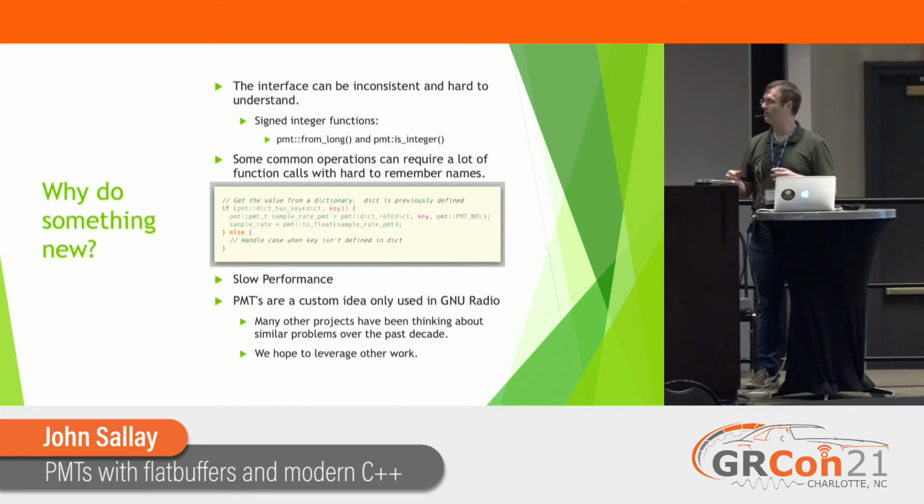So the first function I call is to see, is the key present? Then I get a reference to the key from the dictionary, and then finally I extract the value out, which in this case is my sample rate, from the dictionary, and then I'm able to go on my way. Feels like a lot of work.